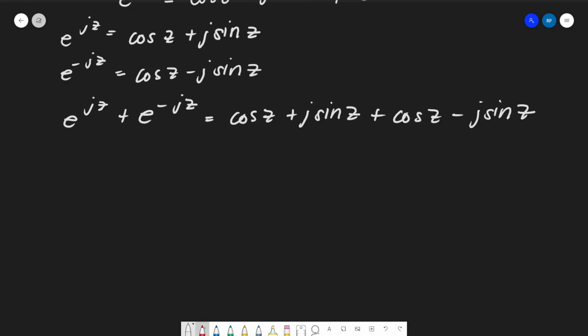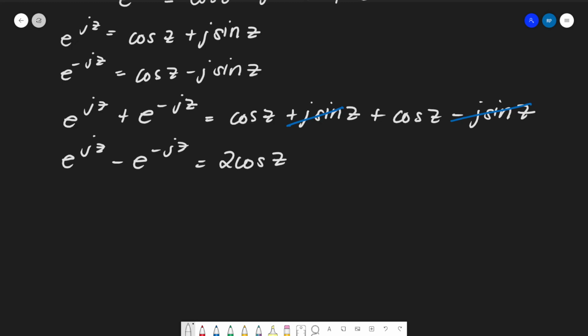We know that the j sine z terms cancel because one is negative. So, e raised to jz plus e raised to negative jz is equivalent to 2 cosine z.